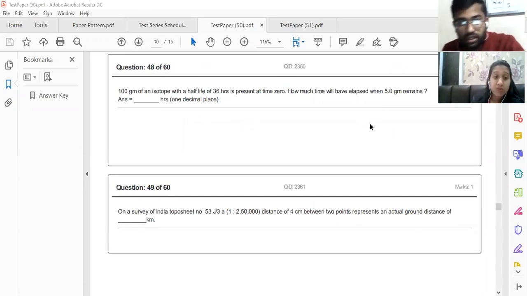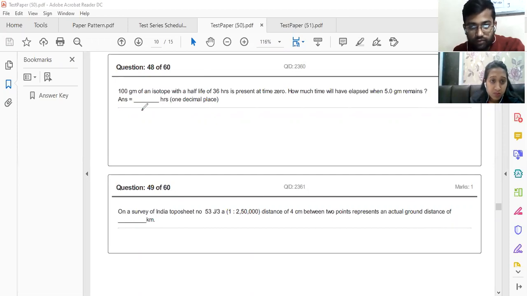100 gram of isotope with a half-life of 36 hours is present at time 0. How much time will have elapsed when 5 gram remains? Okay, so now see, first calculate the fraction.